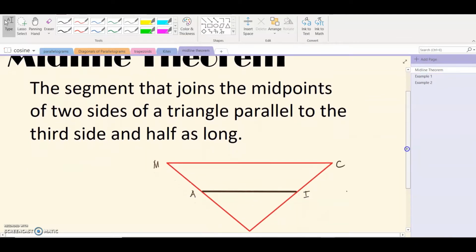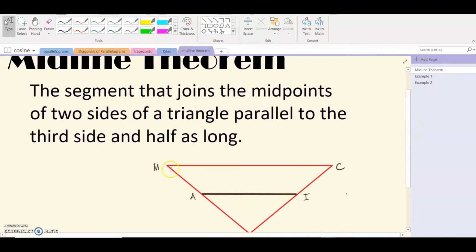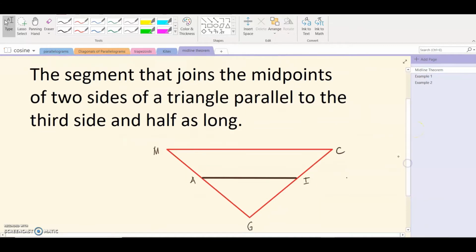So, if we're going to have this triangle here, we have point A on side MG as the midpoint, and point I as the midpoint of side CG, and then connecting the midpoints we have the midline, and it is parallel to the third side, which is side MC, and half as long in terms of measurement.